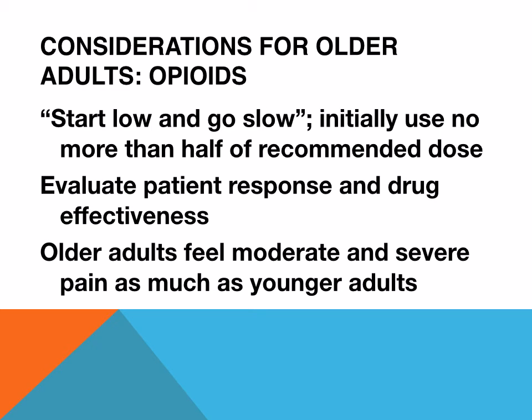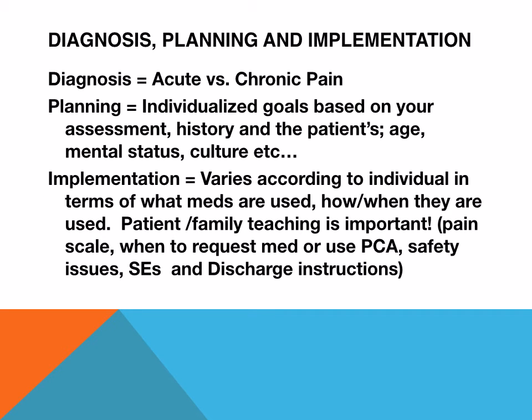Usually, when older adults are given opioids for the first time, they should be backed by anti-nausea, anti-vomiting medicine, or maybe laxatives, because constipation is very big with pain medications, and it will be magnified for these older adults. Okay, go to the next slide.